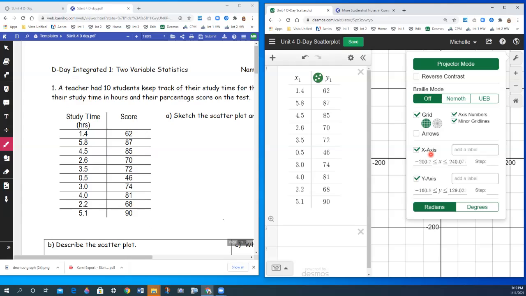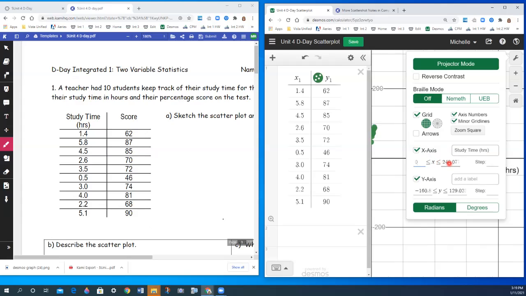So I'm going to do study time hours. And then from here, I'm going to go from 0 to, let's say, 6. Okay, or 0 to 10 if you want, but 5.8 was kind of my most. Now my Y should be score, so I'm going to put score.